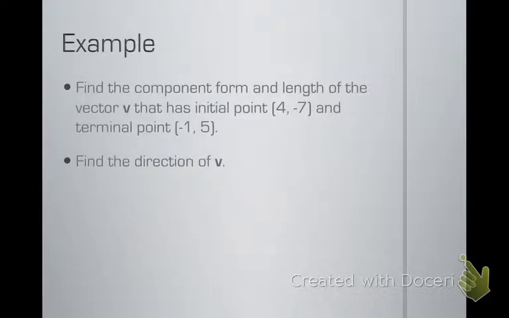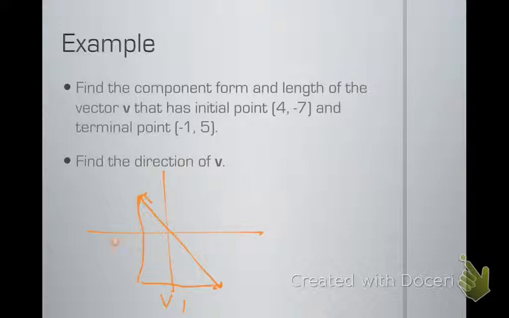An example here: finding the component form and length of a vector that starts at 4, -7, and has a terminal point of -1, 5. I'm a visual person, so I like to sketch things out. We start at 4, -7, and we end at -1, 5. So I'm including an arrow to show this.